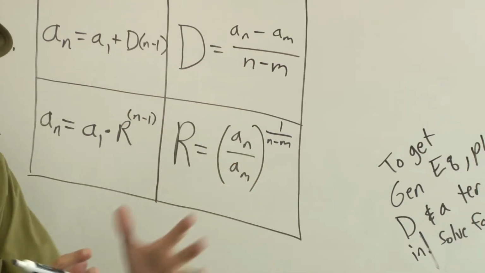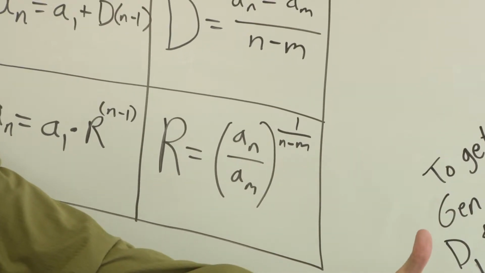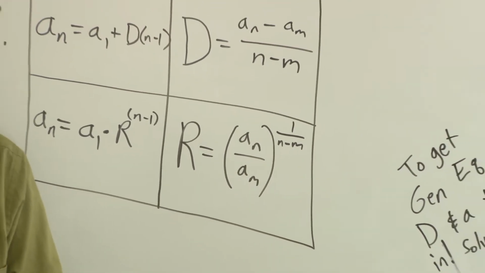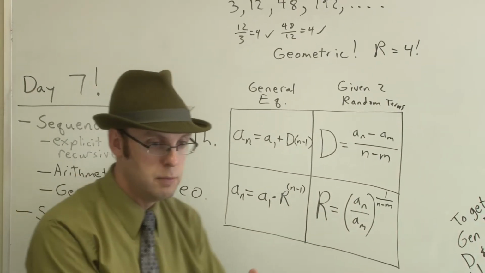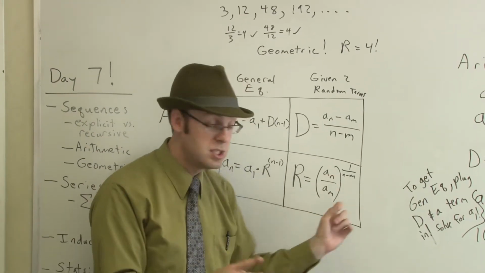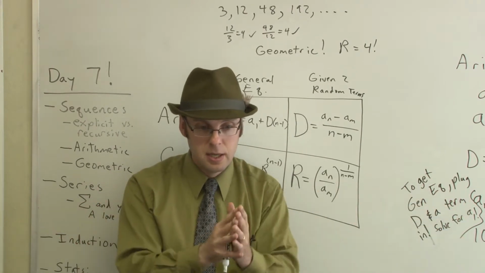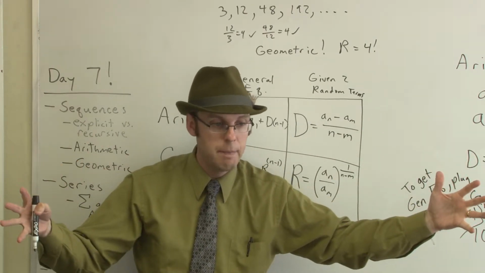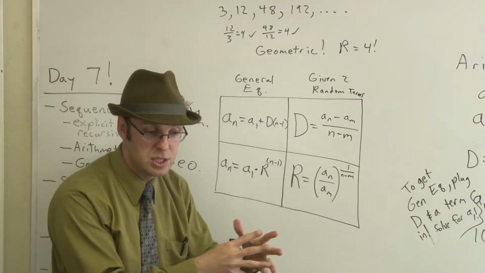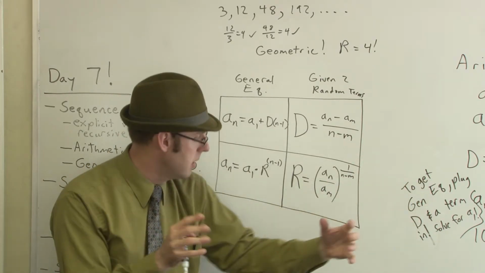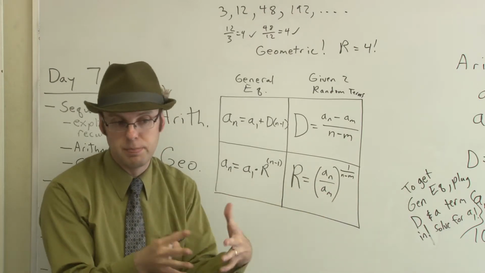Just like this, I took the distance that I covered and I divided it by the number of steps. Here, same thing. By dividing these two values, I get the total amount of multiplying that happened. Then I ask, how many multiplications happened to get this big number? Well, n minus m multiplications happened.